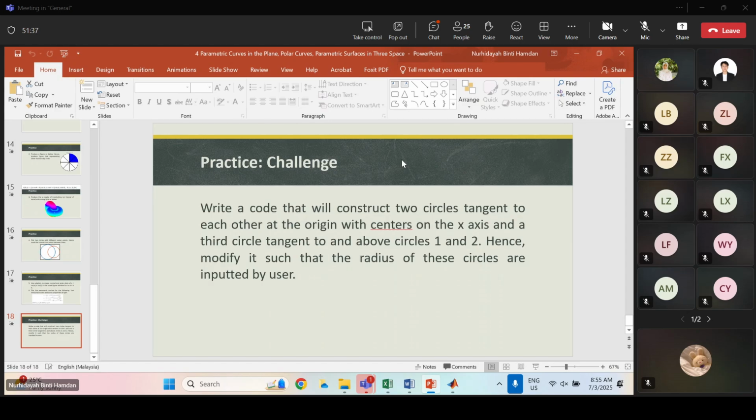Quiz 3 early. Sorry? 9:20, is it okay? Okay, I give you 9:20, because I know this is your first quiz and I'm afraid you will have difficulty.